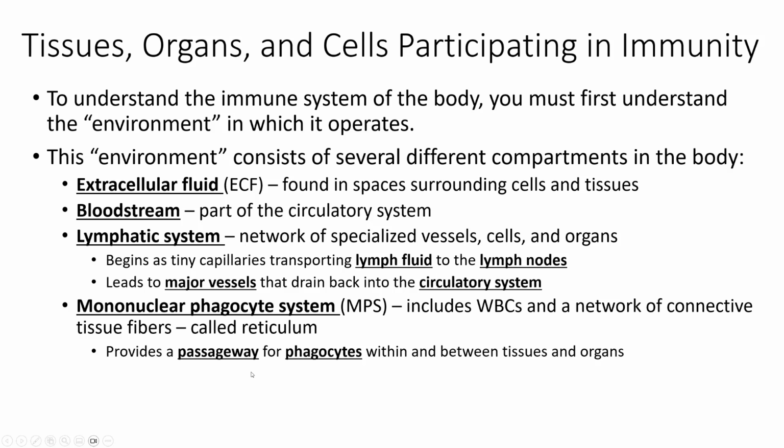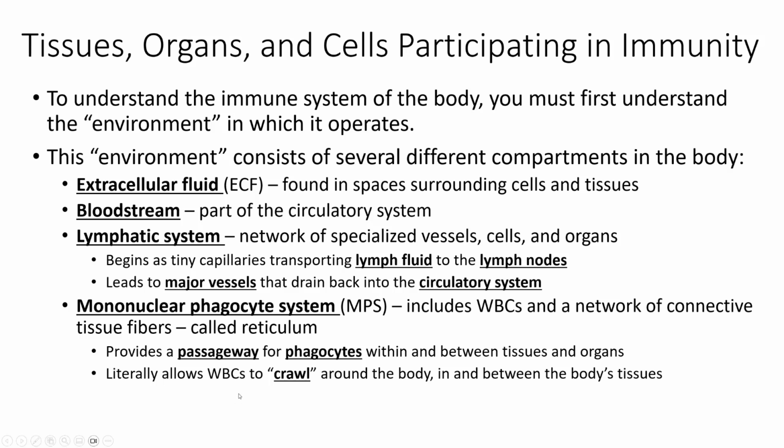It's almost like a little network of roads for the phagocytes. So they can travel within that space in between one body compartment and the next. And along these little fibers, they can actually crawl and move around, traveling from one part of the body to another. So those are some of the big parts or organs and cells participating in the immune system.